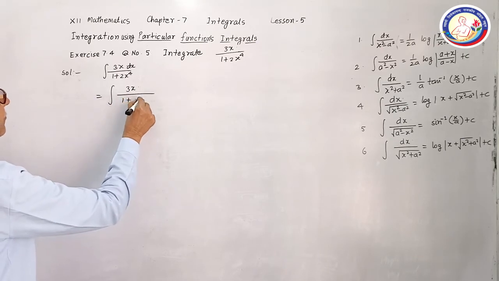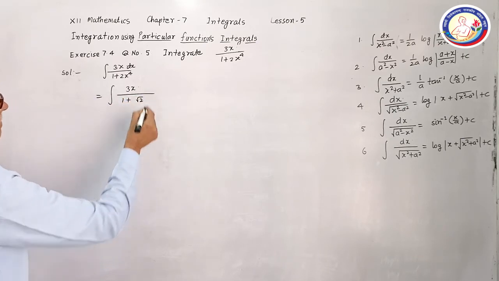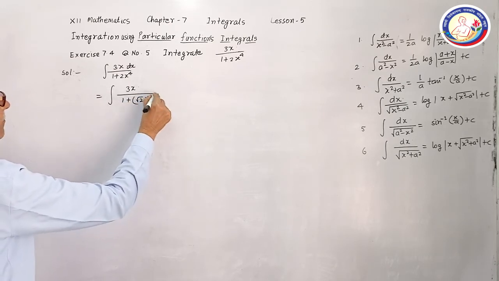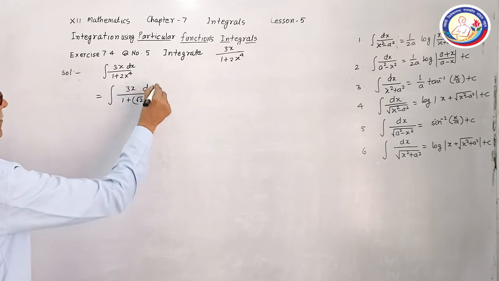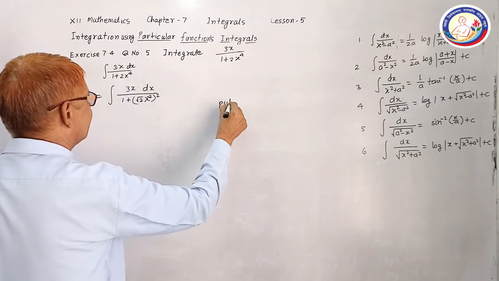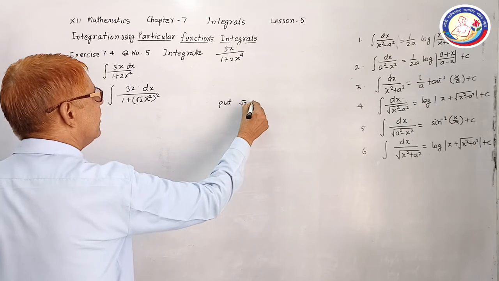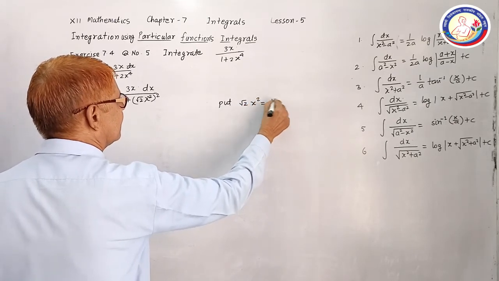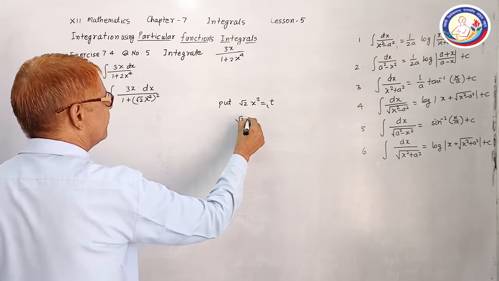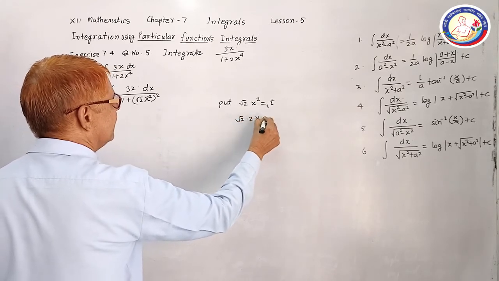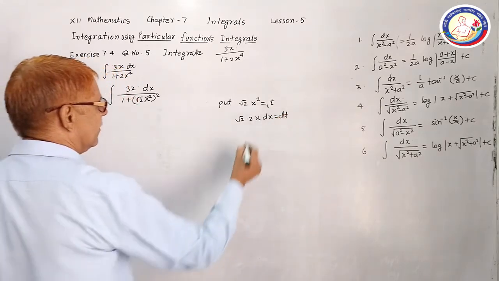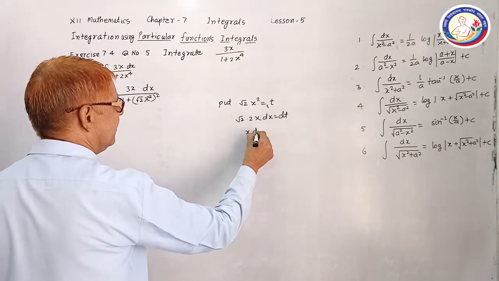1 plus square root of 2 x square whole square, dx. Put square root of 2 x square equal to t. So we will get square root of 2 into twice x dx equal to dt. And what is x dx?